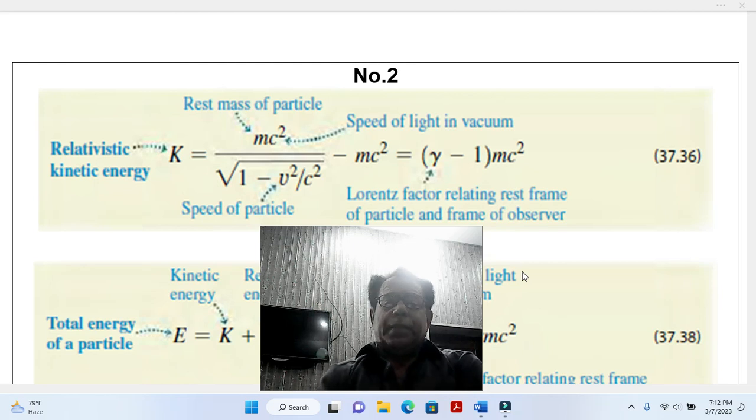Here K is the relativistic kinetic energy, m is the rest mass of the particle, c is the speed of light in vacuum, v is the speed of the particle, and gamma is the Lorentz factor relating the rest frame of the particle and the frame of the observer.